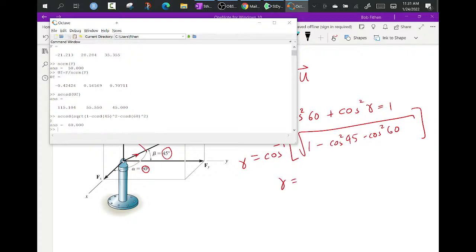I have to add another parenthesis and enter. So it says 60 degrees.